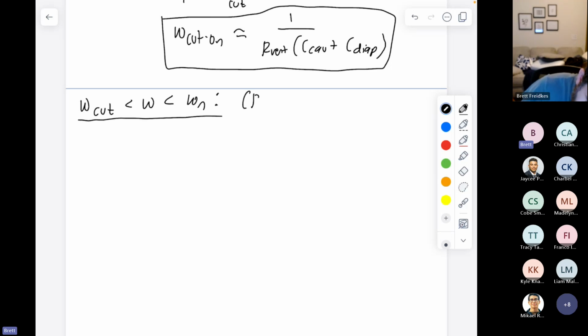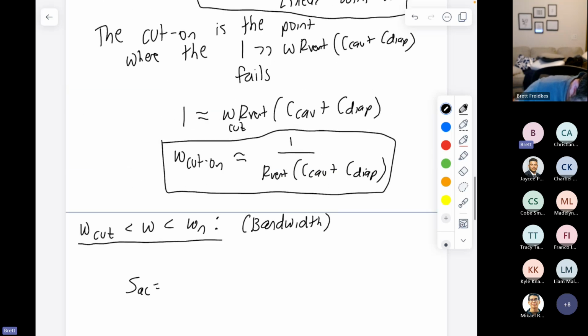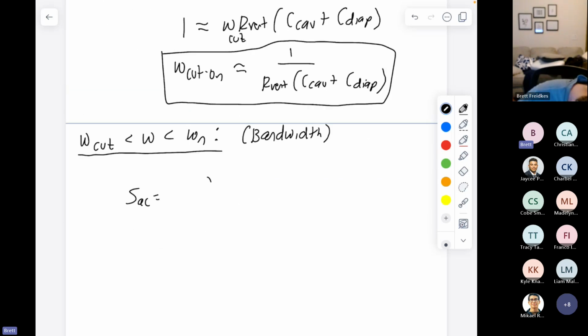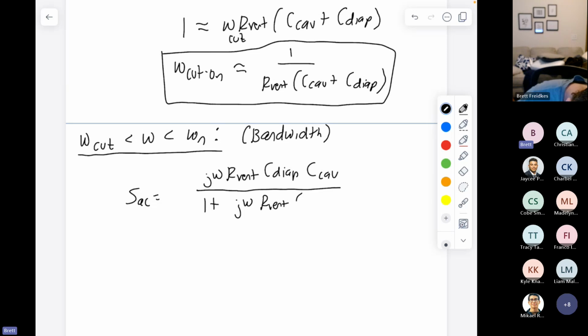Which we should expect this is the region of our bandwidth. And if we come back to the acoustic sensitivity that I had from the previous section, where we had j omega R vent, C diaphragm times C cavity, over 1 plus j omega R vent, C cavity plus C diaphragm.